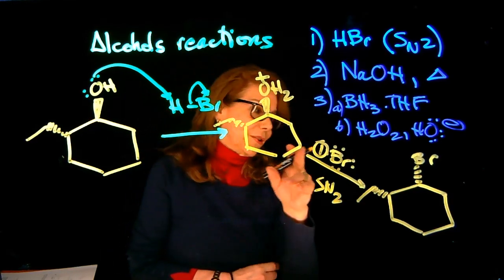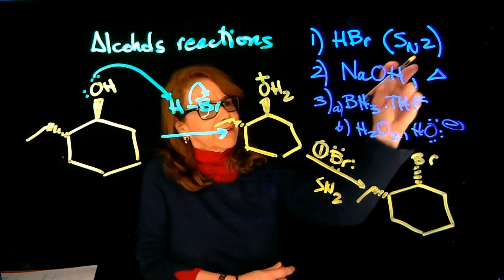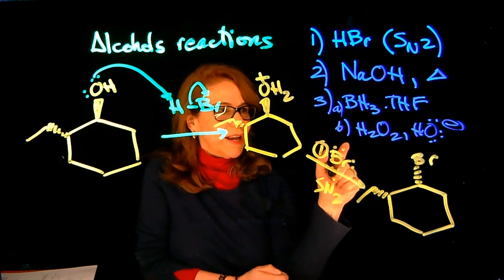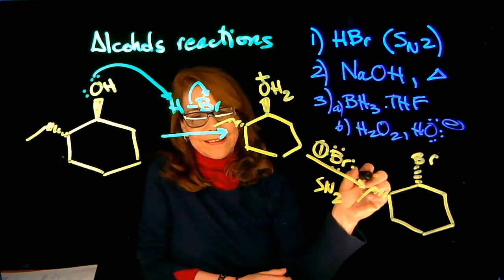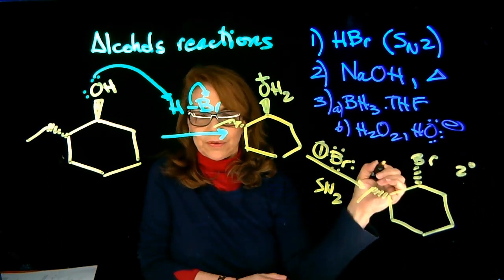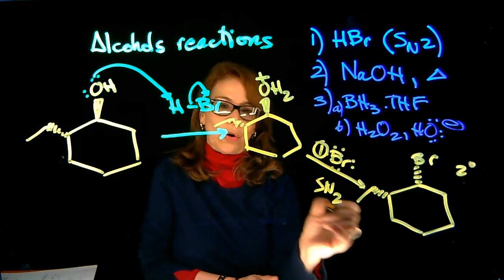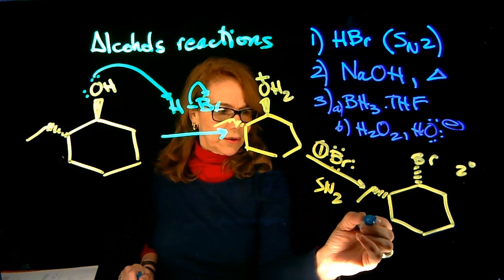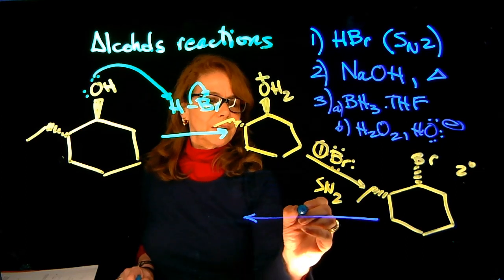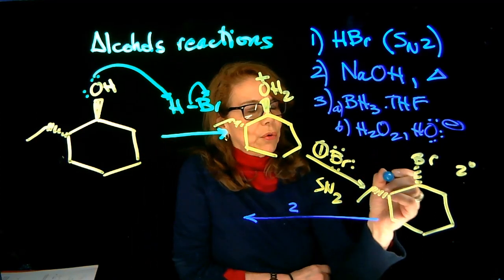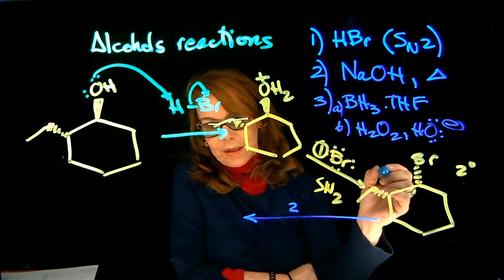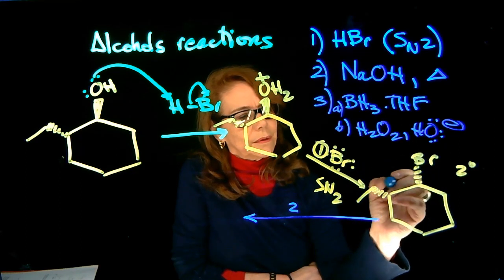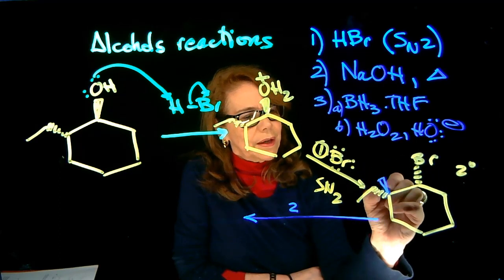Now, let's consider the second reaction. The second reaction says NaOH and heat. This is a secondary alkyl bromide, and under those conditions it will undergo an elimination reaction. So this is reaction 2. Notice that I have bromide on the dash, but I have here a hydrogen.